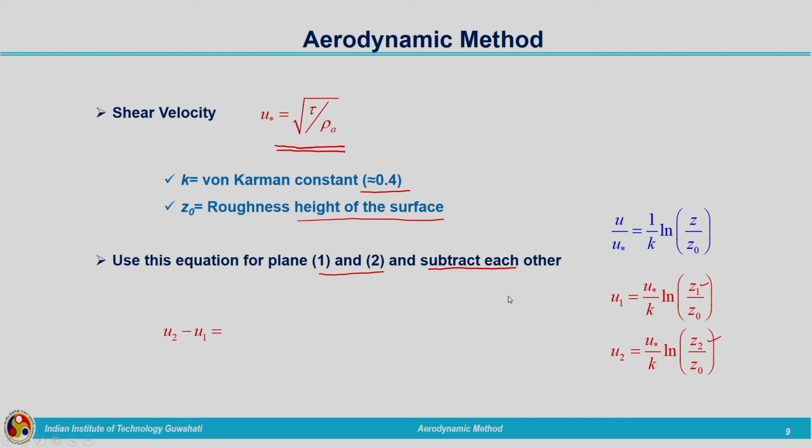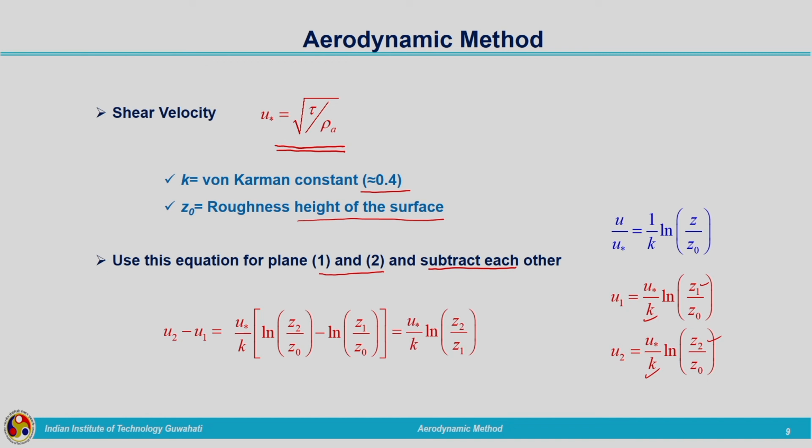So, u2 minus u1 we are going to write, and u star by k is coming in both the equations, so that can be taken as common. So, u star by k multiplied by ln z2 divided by z naught minus ln z1 divided by z naught. We got the equation like this. We have the logarithmic terms within the bracket, and that can be rearranged.